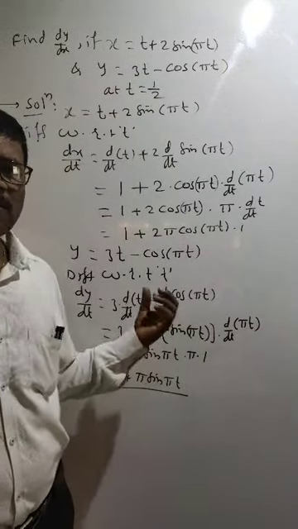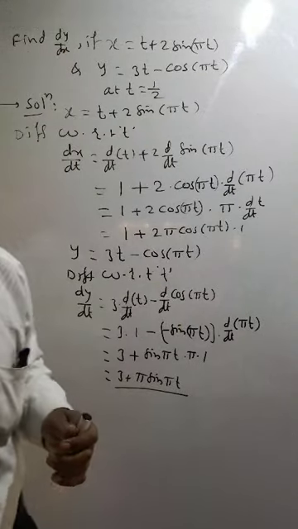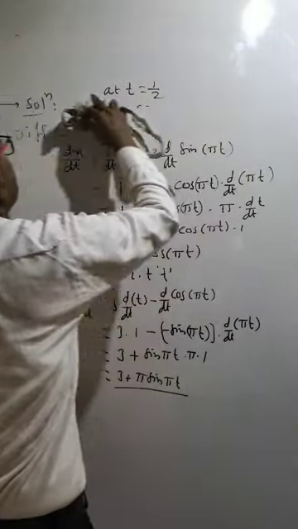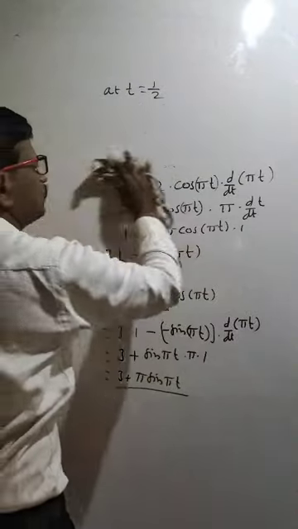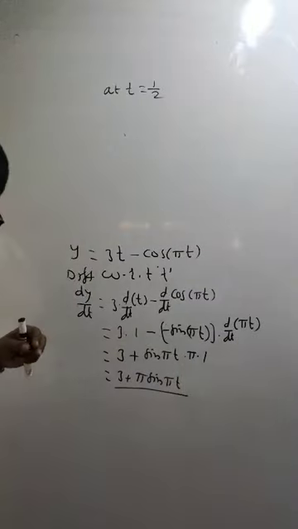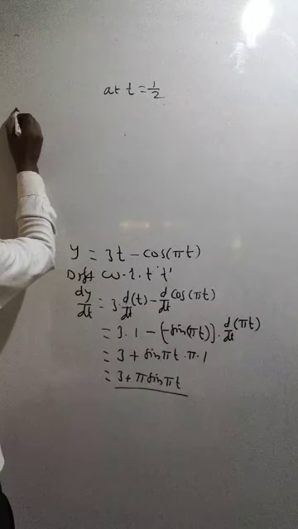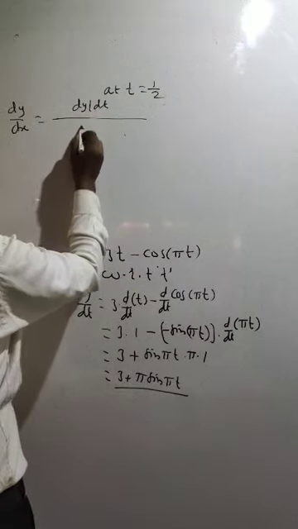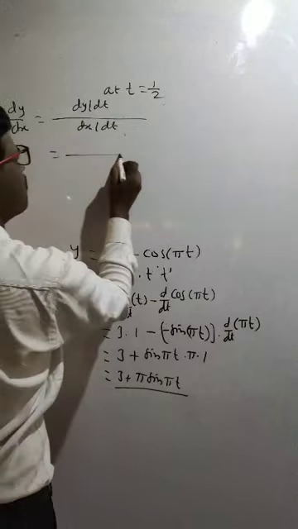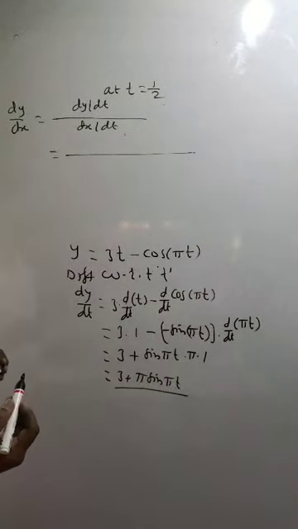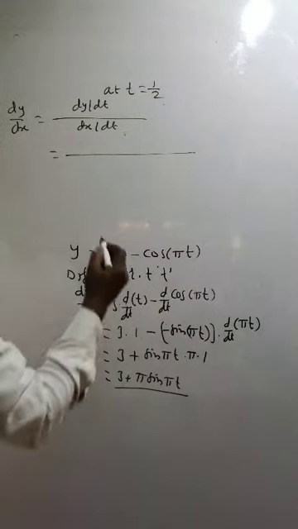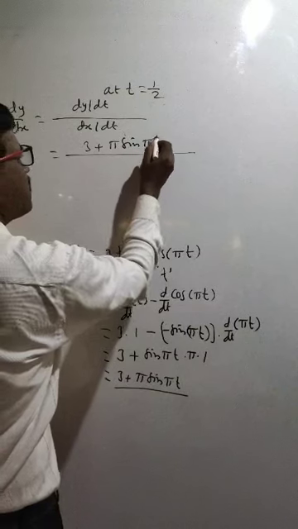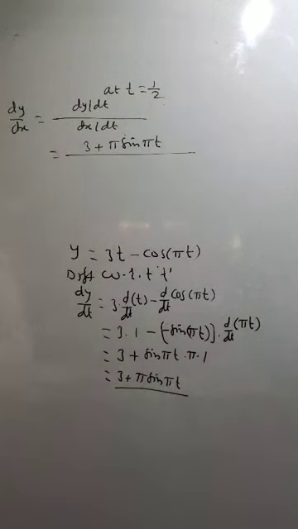Now from these two values we find dy by dx at t equal to 1 by 2. dy by dx equal to dy by dt upon dx by dt, equal to (3 plus pi sin pi t) upon dx by dt.